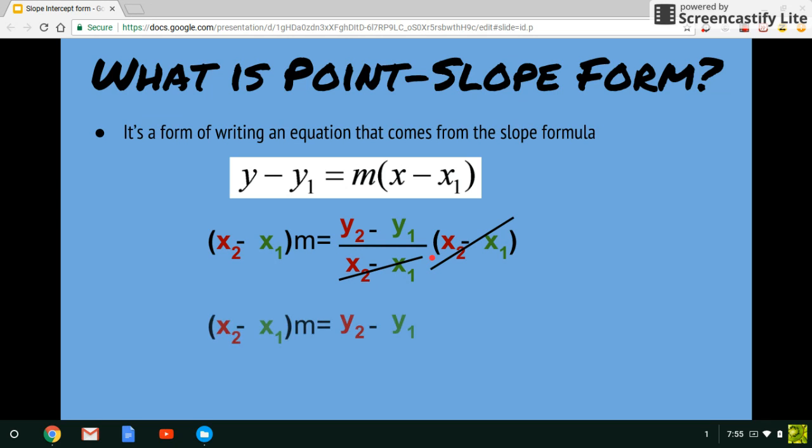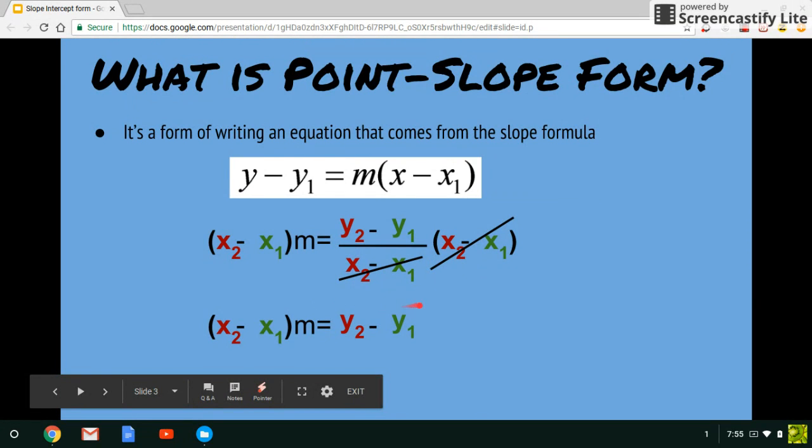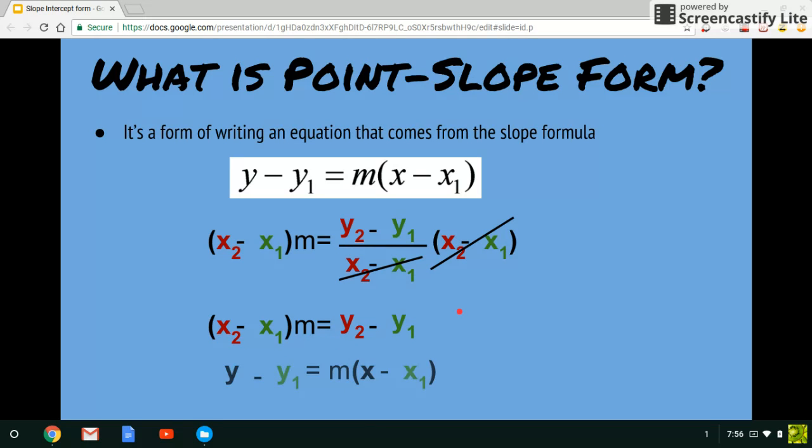So we're left with x2 minus x1 times m equals y2 minus y1. And if we use the symmetric property and switch these around, and we also get rid of the subscript 2s, we are left with point-slope form: y minus y1 equals m times x minus x1.